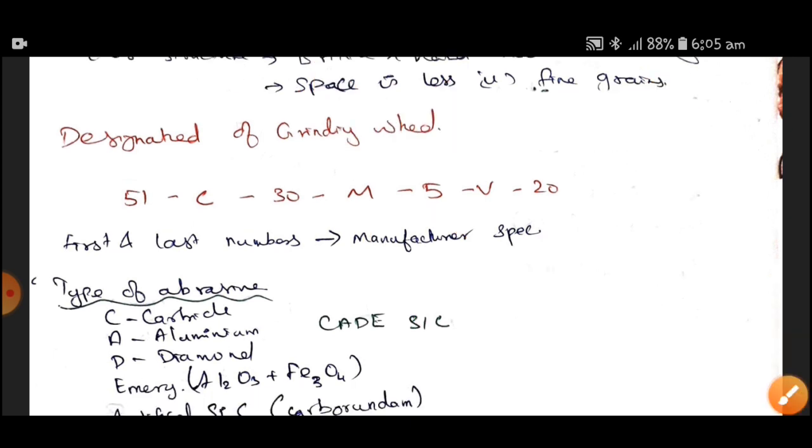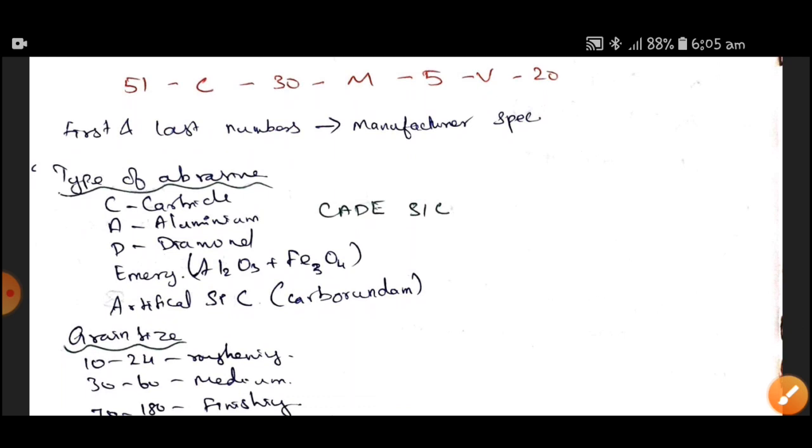First, I go with the type of abrasives. We have different types of abrasives like carbide, alumina, diamond, and artificial silicon carbide, that is carborundum or corundum. We can also say emery. So these are the types of abrasives we have.